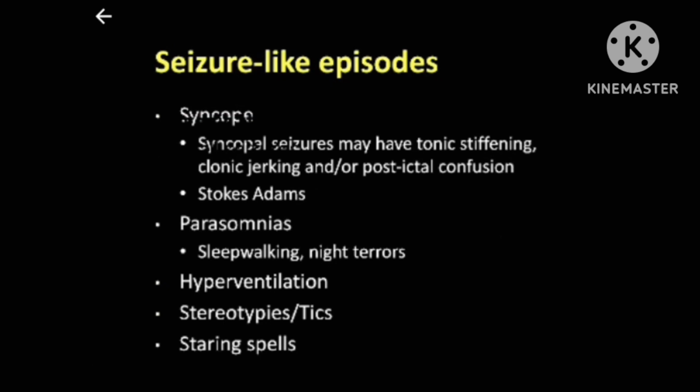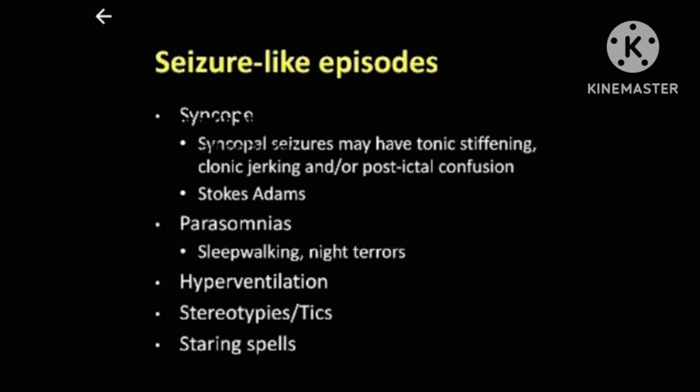Now, I was just telling you at the beginning: is it a seizure, is it epileptic or not epileptic? Epileptic seizures arise from the brain, but there are other seizure types which may not arise from the brain. The brain only gets secondarily involved, it's not primarily involved. Some of the common conditions are syncope.